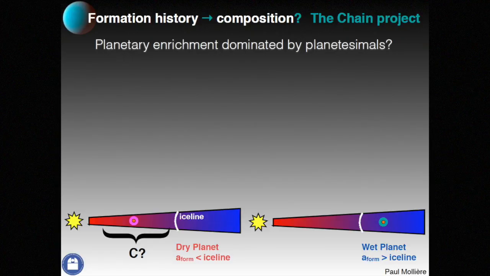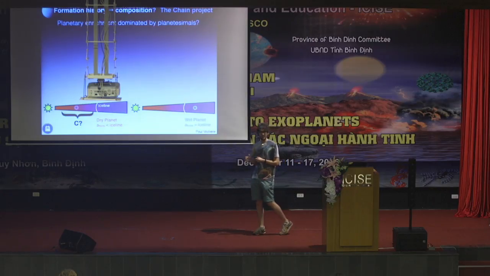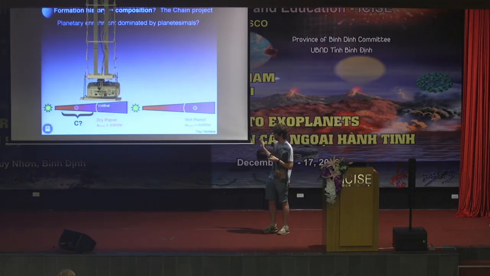The wet planet forms outside the water ice line, and there's water in the planetesimals, and that's why it's called wet. Something that was actually quite important and interesting is that it's important to know how much organic carbon you put into the refractory material that the dry planet accretes. And you will see why that is in some minutes.